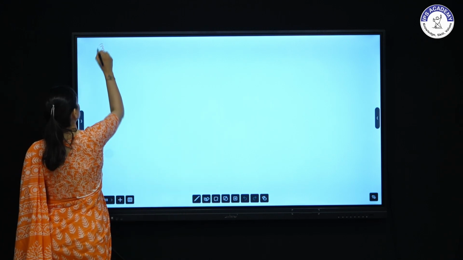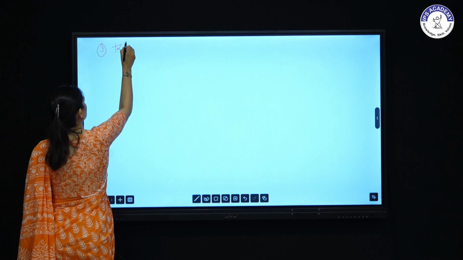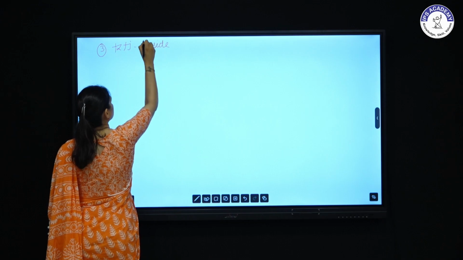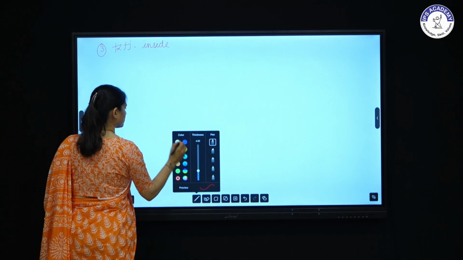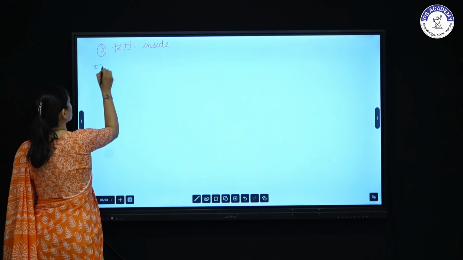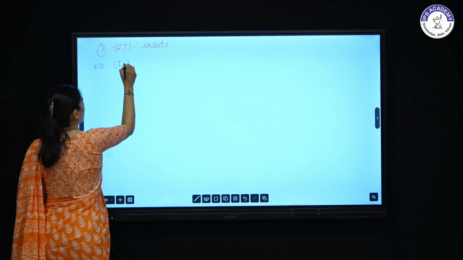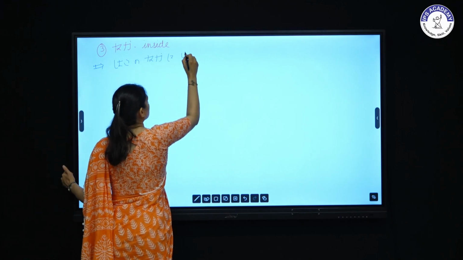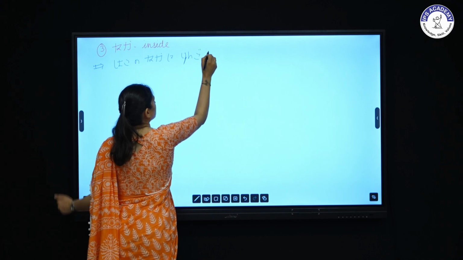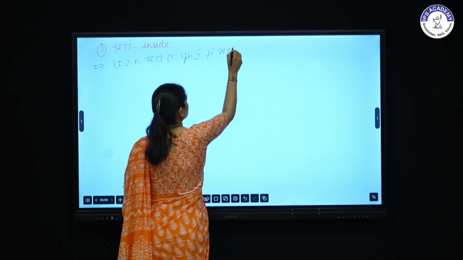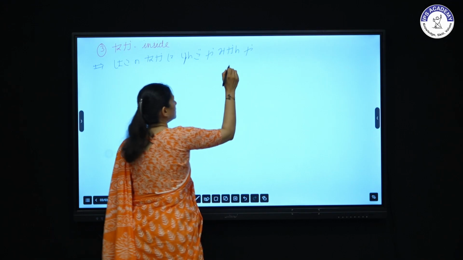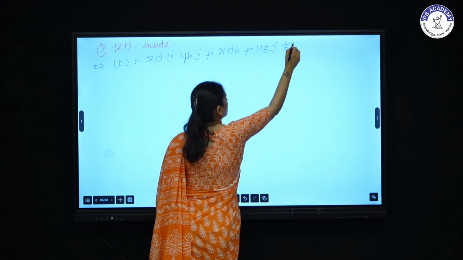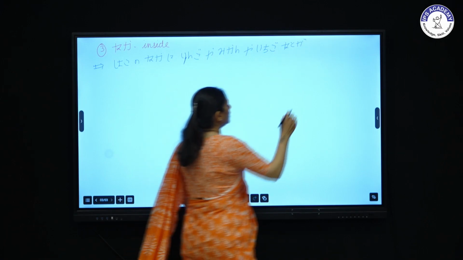The third preposition is naka, which means inside. Hako no naka ni ringo ya mikan ya ichigo nado ga arimasu.